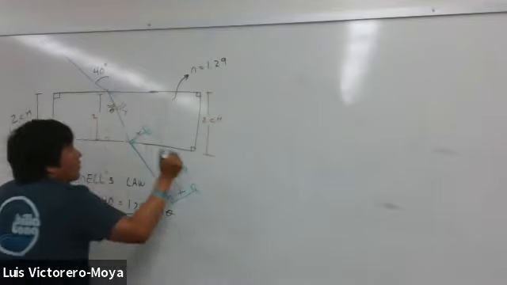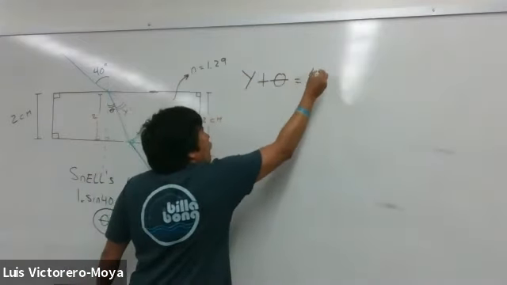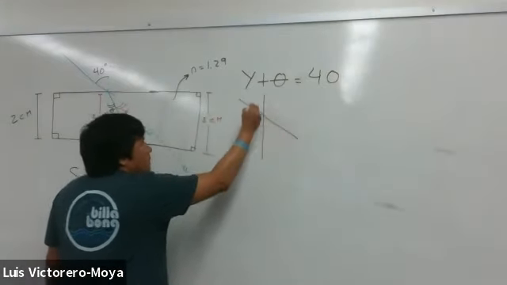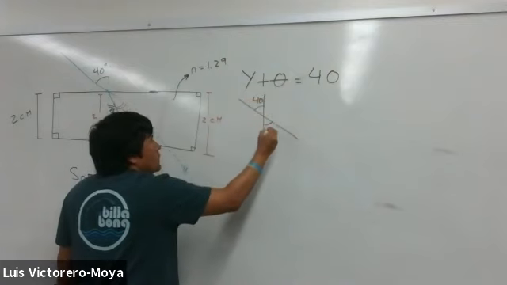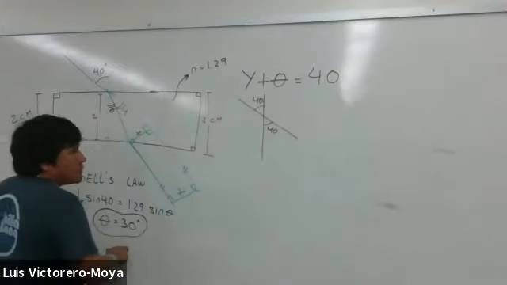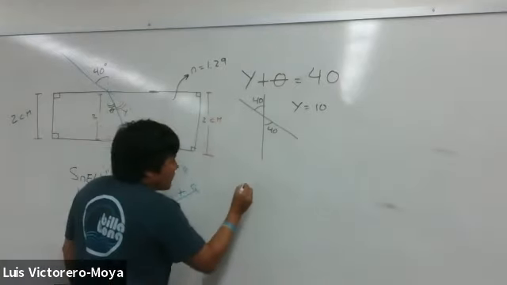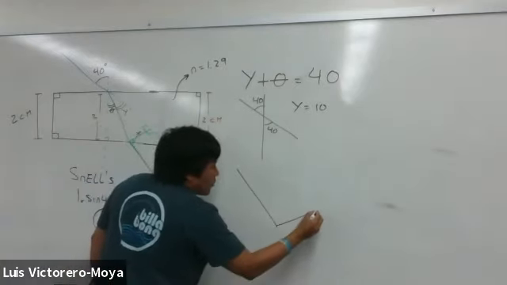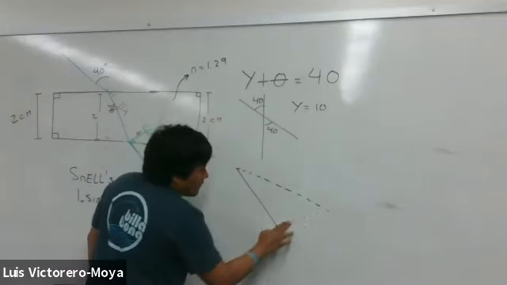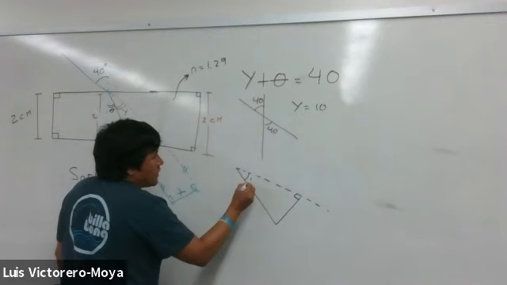So all this angle, Y plus theta, is how much? 40 degrees, because this is 40, this is 40. So theta is 30. That means that Y is 10 degrees. So you have this is equal to 10 degrees.